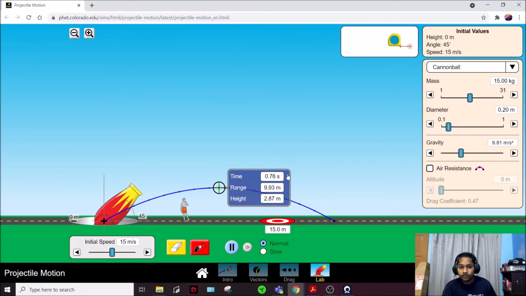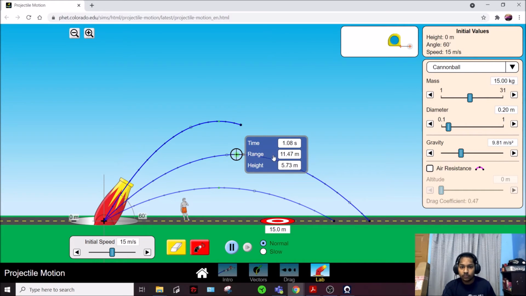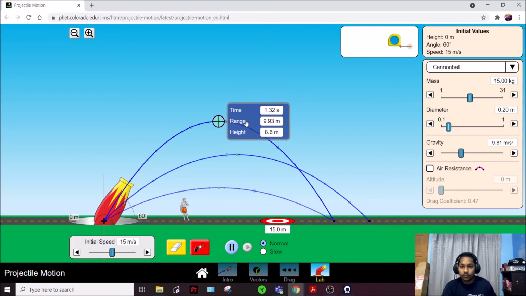The second inclination is 45. We launch it. The maximum height is 5.73, followed by 60 degrees. The maximum height is 8.6 meters, and then 75 degrees.